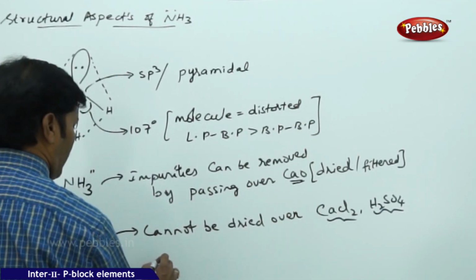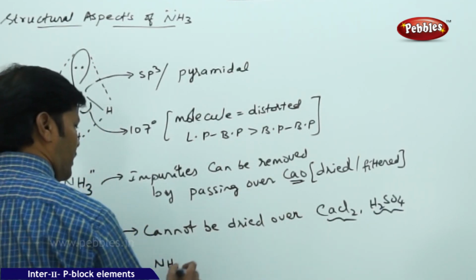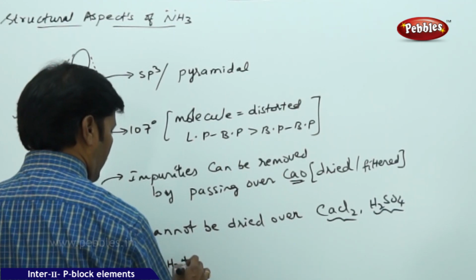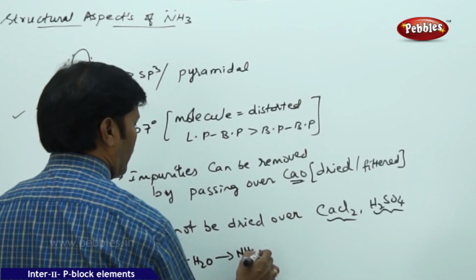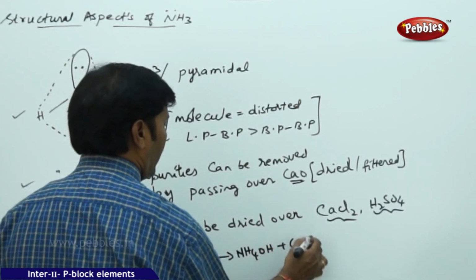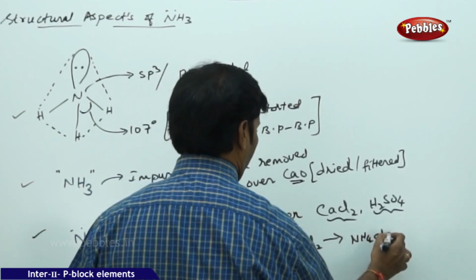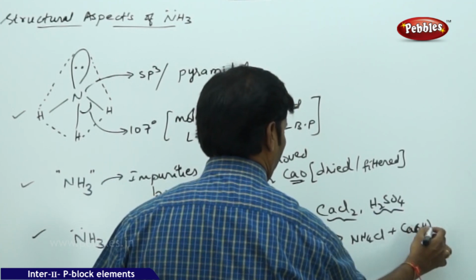For example, ammonia plus water gives rise to ammonium hydroxide. Ammonium hydroxide in turn reacts with calcium chloride to give ammonium chloride plus water. This is an unwanted reaction which we get in the case of calcium chloride.